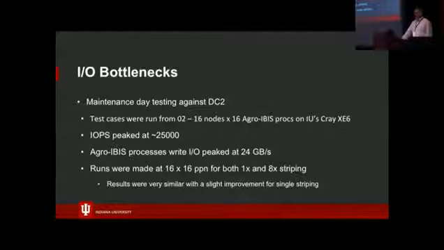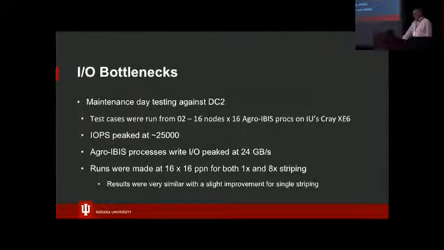That was causing a kind of backup that would then have a sort of hysteresis effect, where it took quite a while for the file system to calm down even once the simulation tests were over. The Agro-IBIS processes peak their I/O at about 24 gigabytes per second.